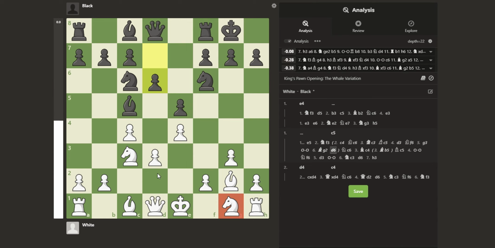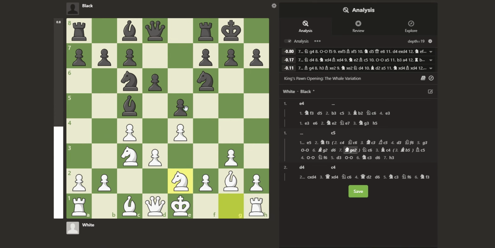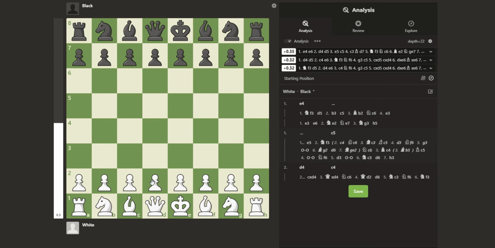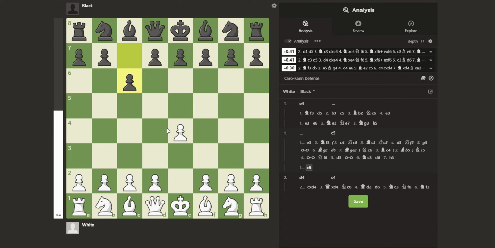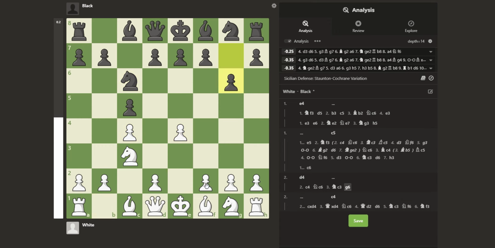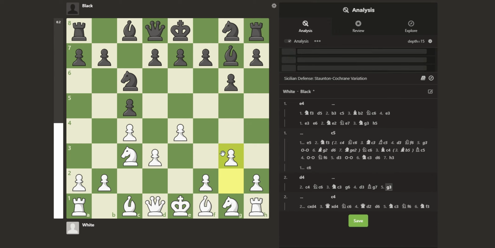Now, this knight usually will go here, okay? Maybe the position is not the perfect one to do the explanation because of this weakness. Let me apologize. I'm going to set up another position, more reasonable, against the Sicilian, like this.